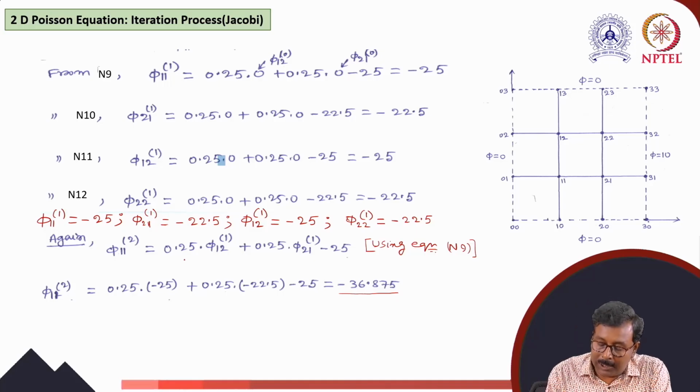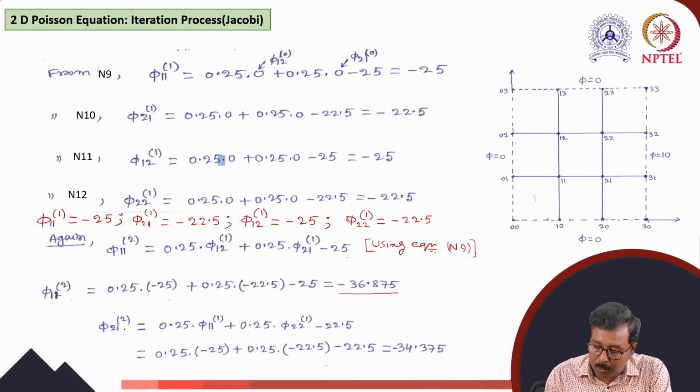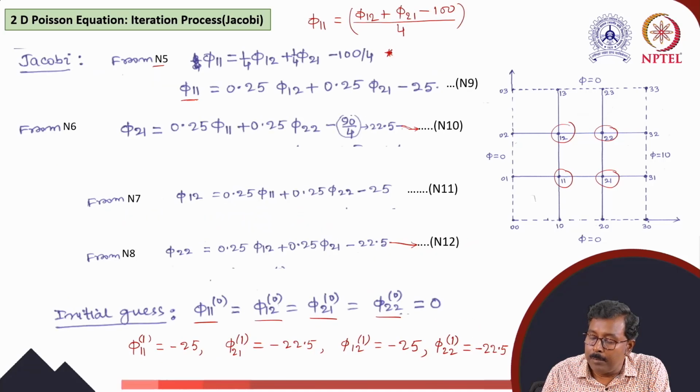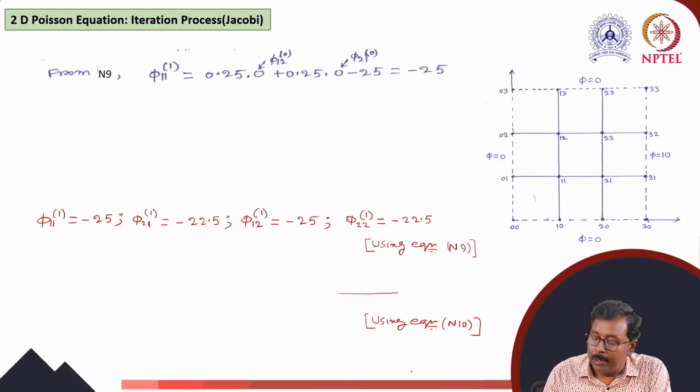So let us calculate the other values. So phi 2 1, using equation N10, yes it is N10, let me confirm, yes N10.